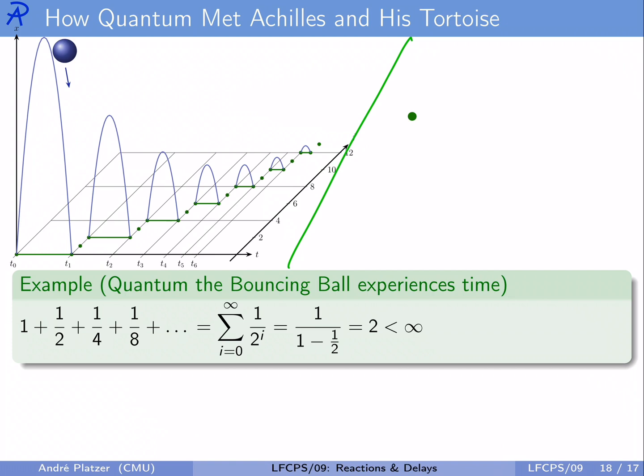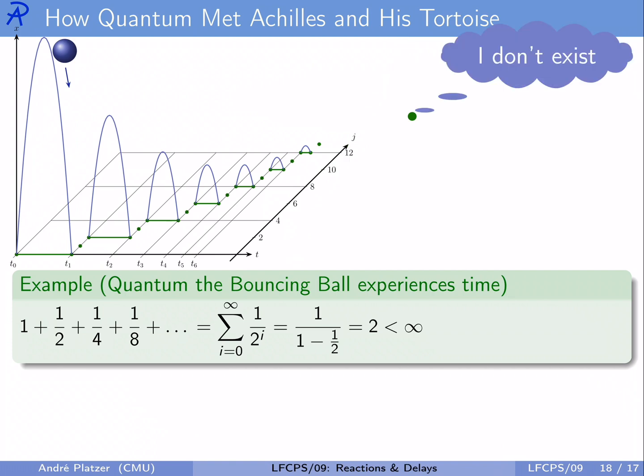Which is funny, because that means the point over there realizes it doesn't really exist. It's beyond the total amount of time that the quantum bouncing ball model ever admits would happen. That means the poor point in time realizes this, says it doesn't exist, and vanishes in the logic cloud.